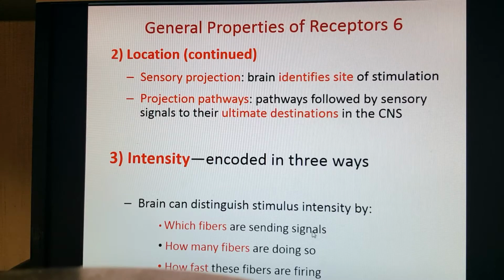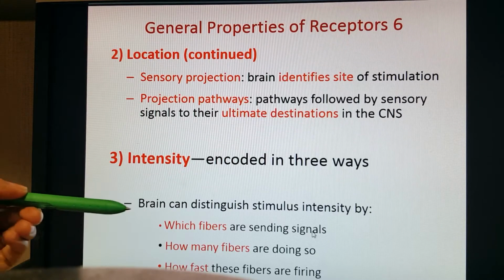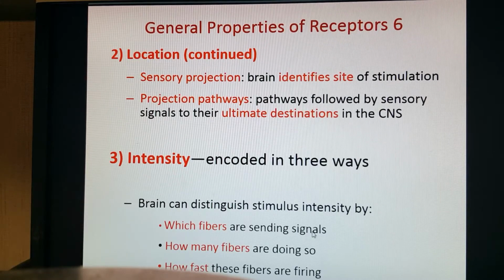Next, for intensity, so how strong the stimulus is, it's based on which fibers are sending the signals, how many fibers are doing so. So more fibers sending that sensory information, telling the brain, hey, this is a bigger stimulus than, for example, another one. And then how fast they're firing.